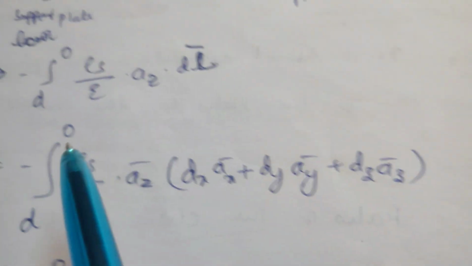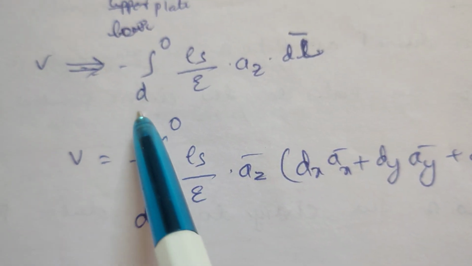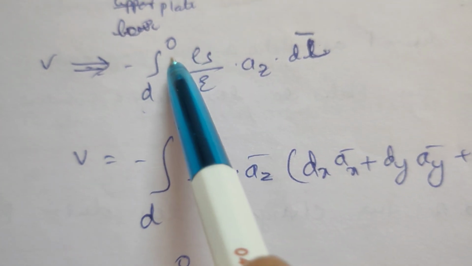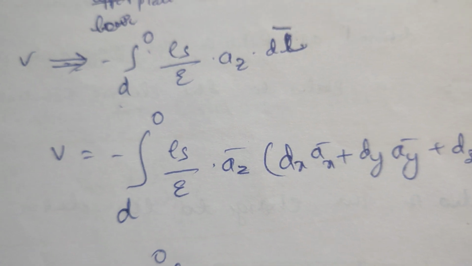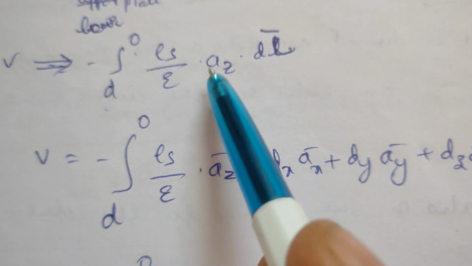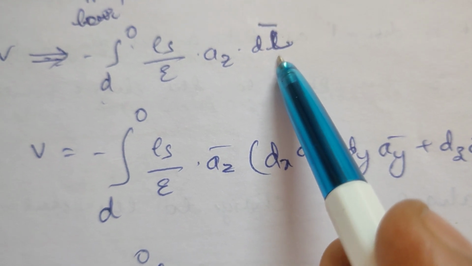As we know the value of E from equation 2, V is equal to the integral from upper plate at distance d to lower plate at distance 0, with E equal to rho s by epsilon naught into az, dot dl, because it is a line.